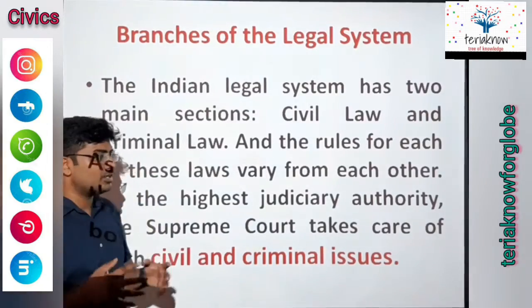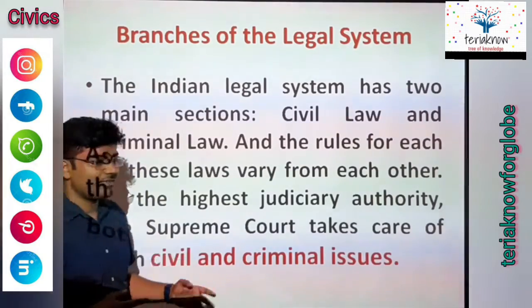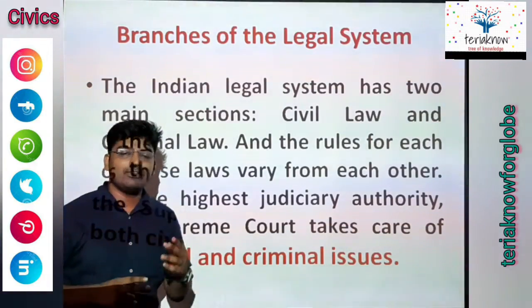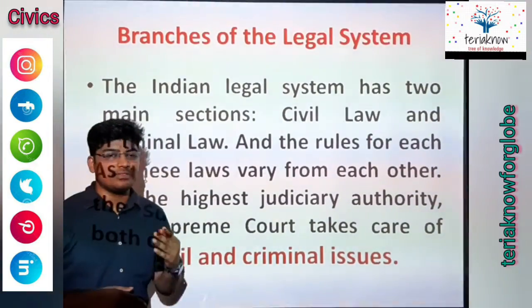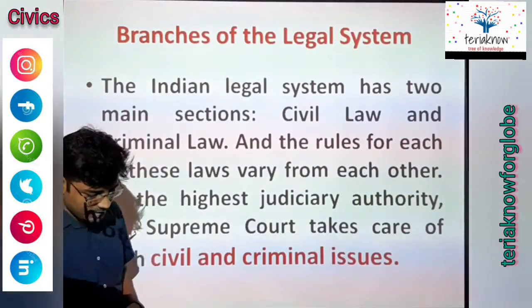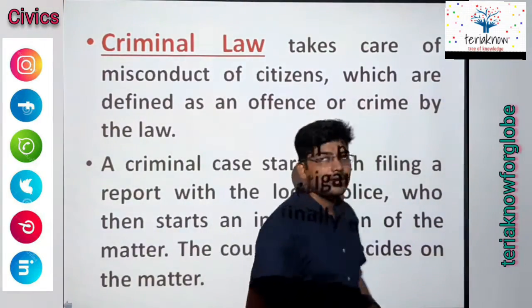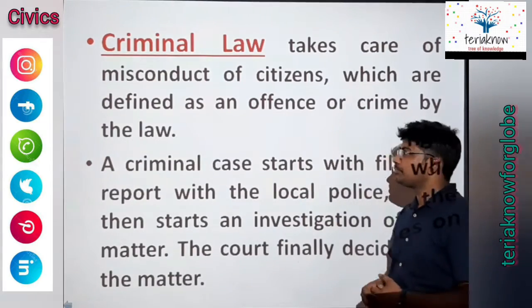The Supreme Court and other courts take care of civil and criminal laws. Understood? So we have 2 laws, civil law and criminal law. Now we will study what civil law is and what criminal law is. So very first, what is criminal law?